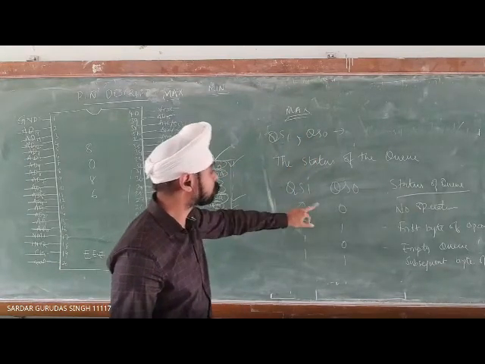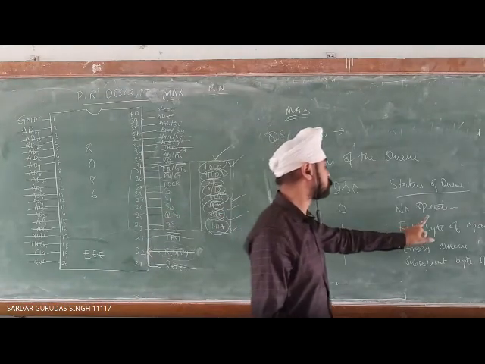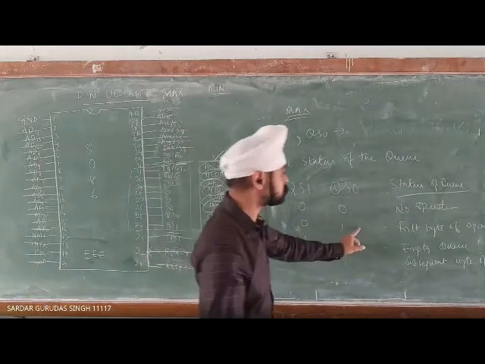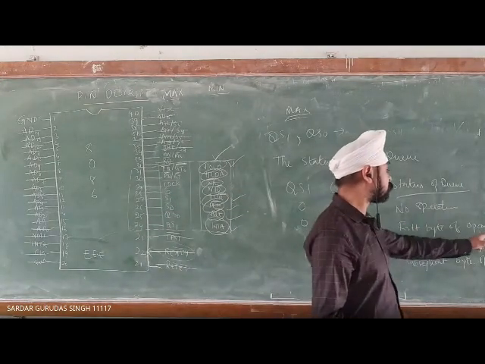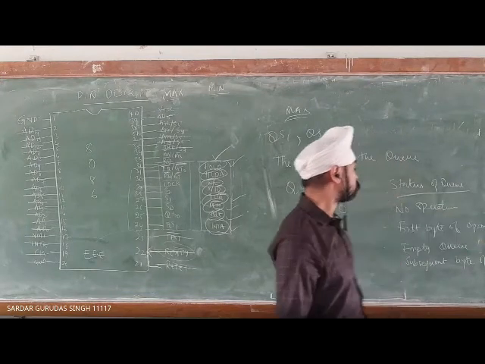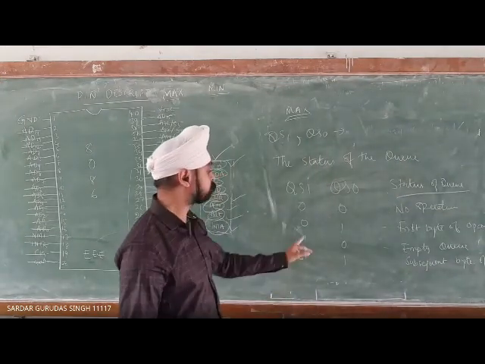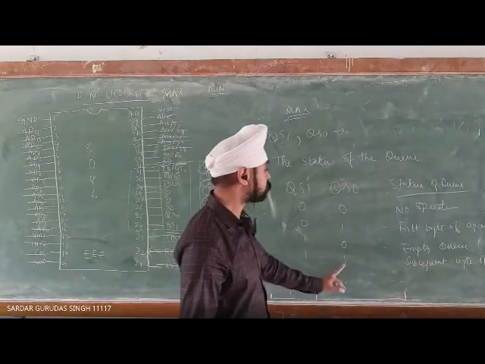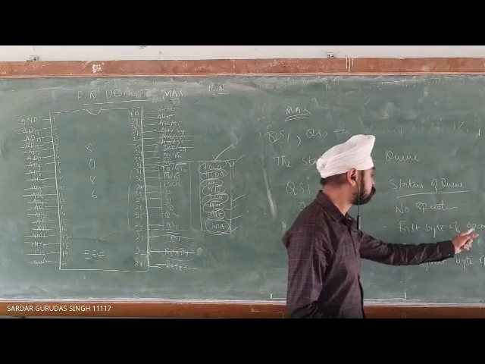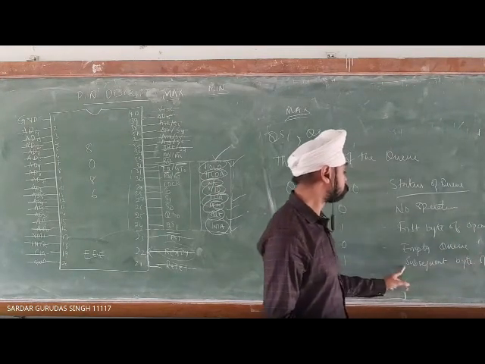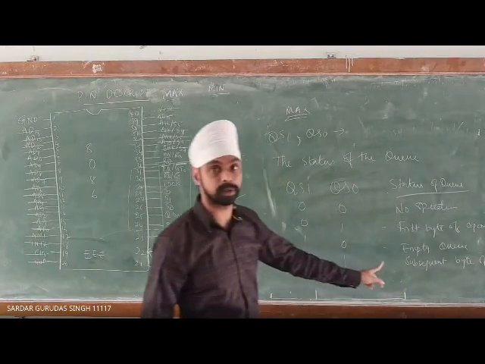If both are low, in the sense no operation has been performed on the queue. If 01, it means that the first byte of opcode has been fetched by the execution unit. Okay? And if 10, the queue is empty. And if 11, the subsequent bytes after the opcode are being fetched by the execution unit.